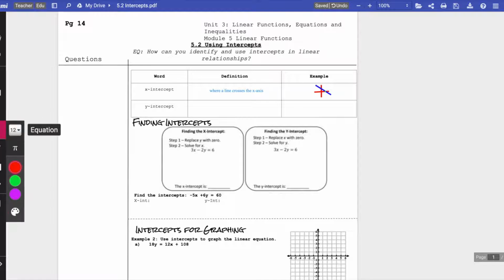And the x-intercept is always written as a point. It's written as the point x value, and then your y value is 0. So when you graph it, it's when y is 0. The y-intercept is where it crosses the y-axis.